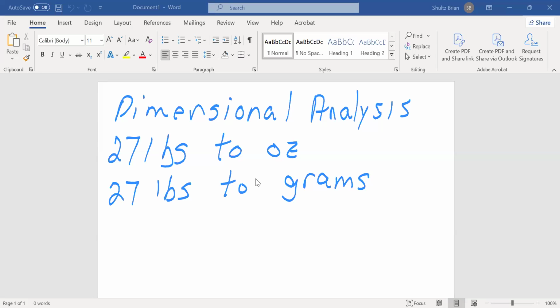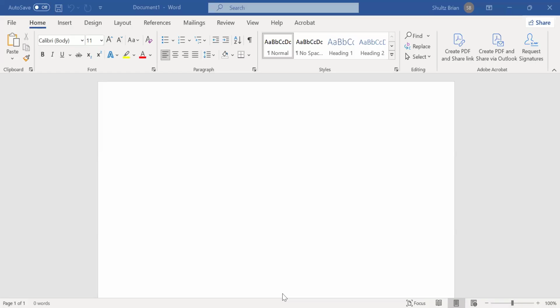And when I'm using dimensional analysis, I want to pay attention specifically to what I'm changing to. That's my wanted unit of measure.